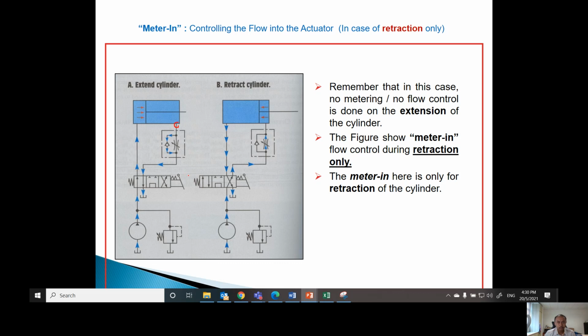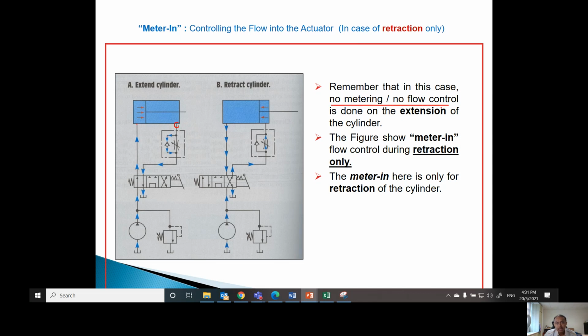So now let's simulate. Let's try to do it on the paper here. You can see that during extension, the flow is going through this way and then leaving. When the flow is leaving, there will be a free flow, which means nothing is controlled during extension.